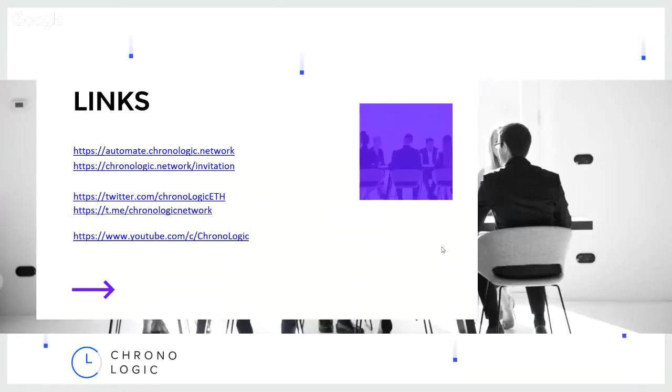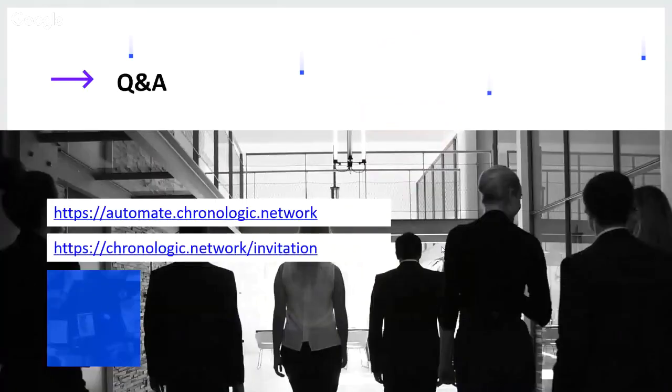I see your question, Tadeusz. I will answer it in a second. Tadeusz asks, is it already live or is it just a test thing? So it's already live. If you go to automate.chronologic.network, then it already works.